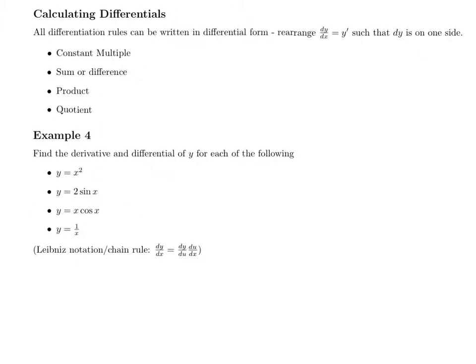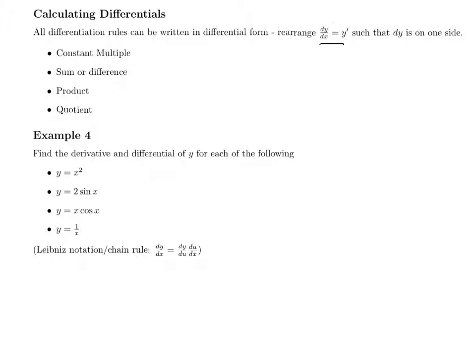Okay, so when we calculate differentials in general, all we need to know is to go back to dy equals f prime of x times dx. But we also have some really handy formulas for differentials, so we can do problems quickly. This goes back to looking at the Leibniz notation. If you'll remember, we talked about that a little bit. The idea that dy dx is the derivative.